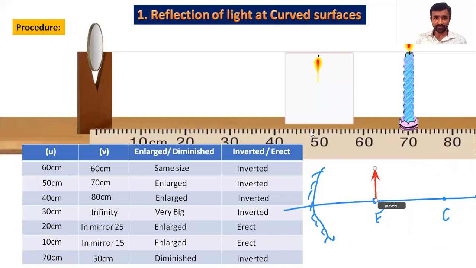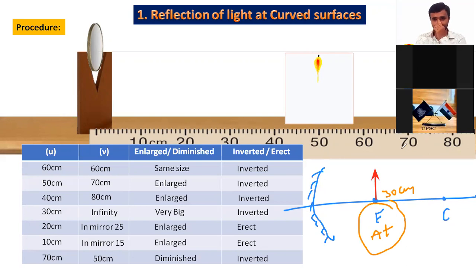When the object is placed at 30 centimeters, what is the position with known points? It is at F. Is it clear, everyone? With the known points, I am linking the distance with the known places in front of the mirror. Those known places are focal length and center of curvature, or focus and center of curvature.